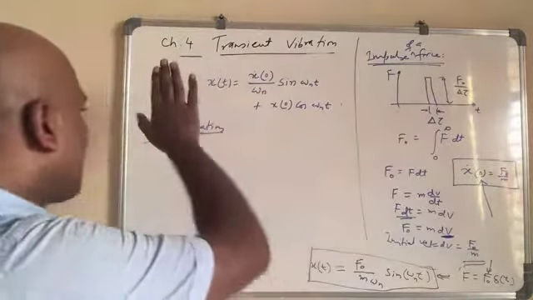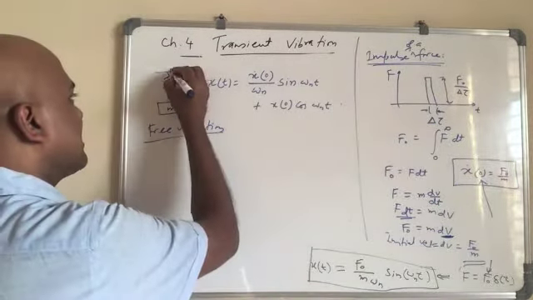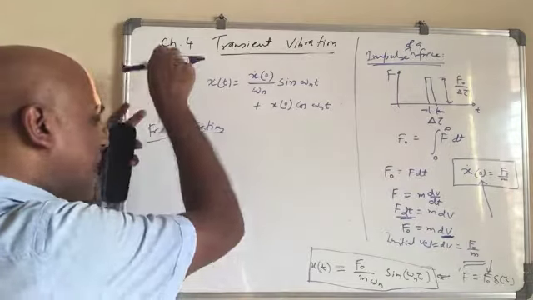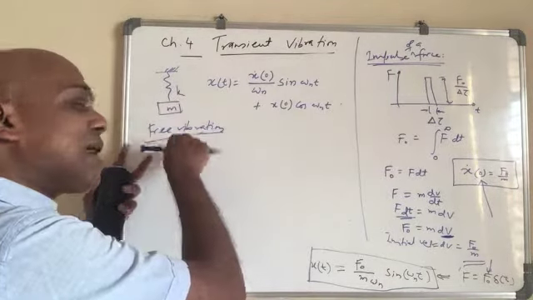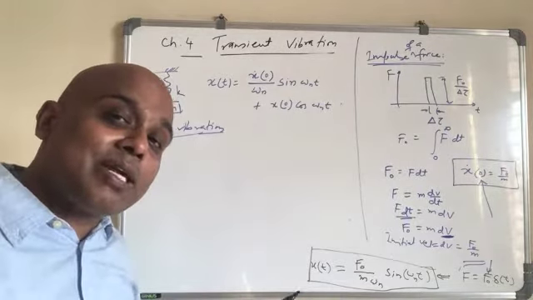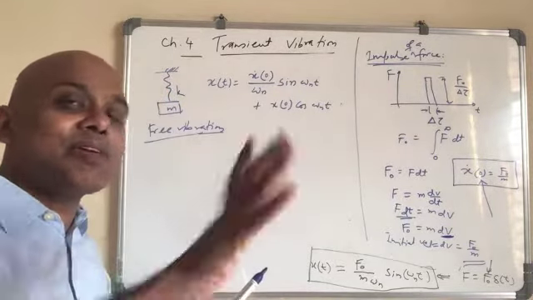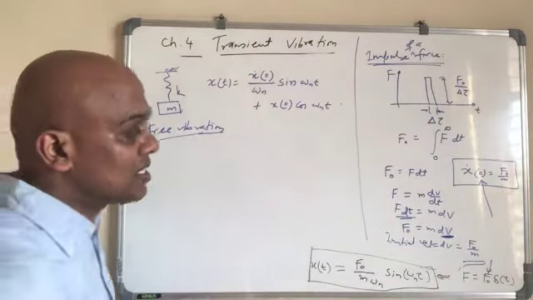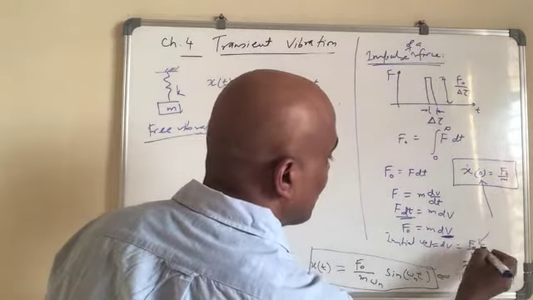Now, a spring mass system is there. Suddenly you applied a force, and at that instant only, at t equal to 0, it changes the velocity from 0 to f naught over m.